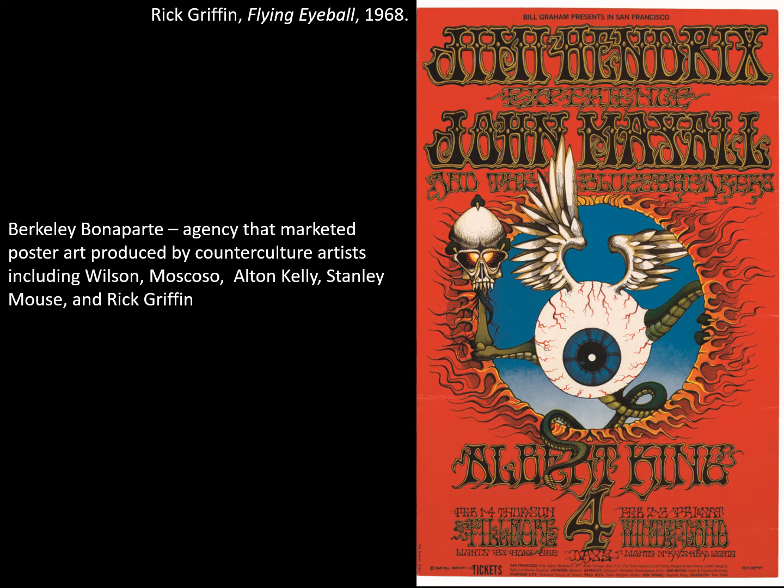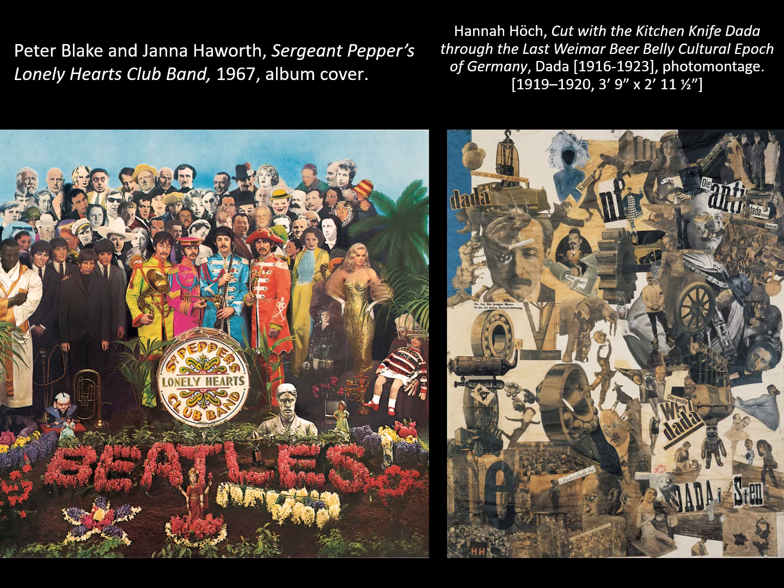Rick Griffin was part of a group of designers called Berkeley Bonaparte. It was an agency that marketed poster art produced by countercultural artists like Wilson, who we saw earlier, Moscoso, Rick Griffin, then Alton Kelly, and also Stanley Mouse. So they saw themselves as this kind of unified group and specifically marketed their style to countercultural musicians.